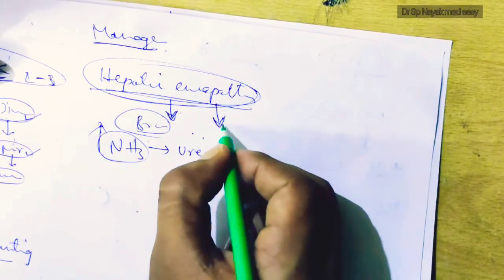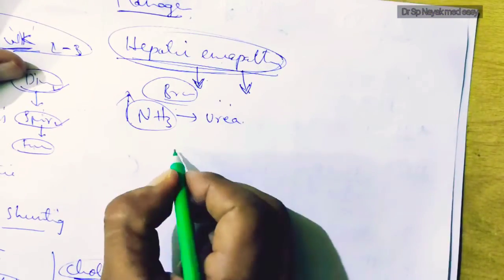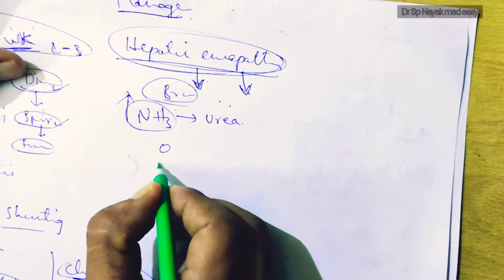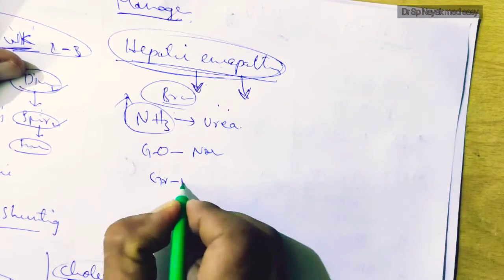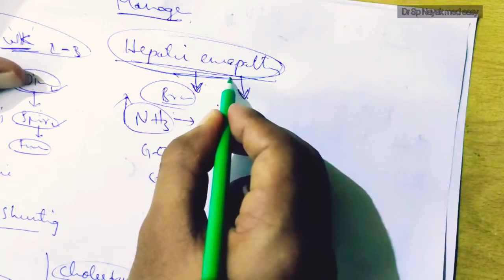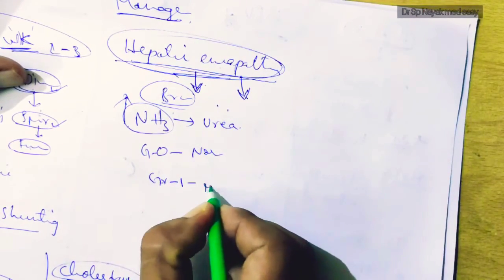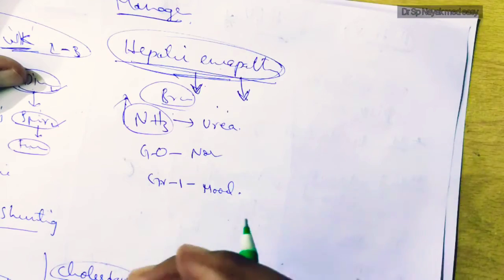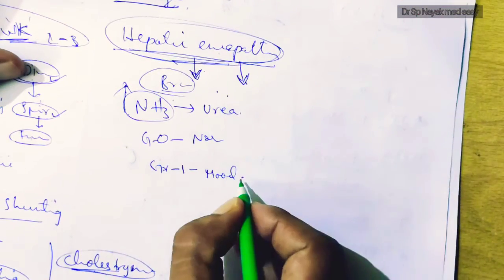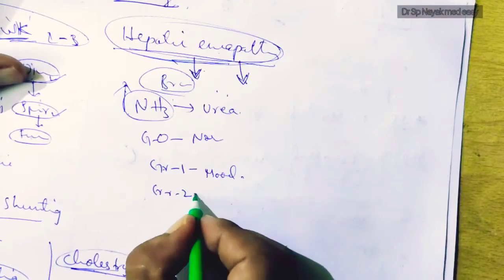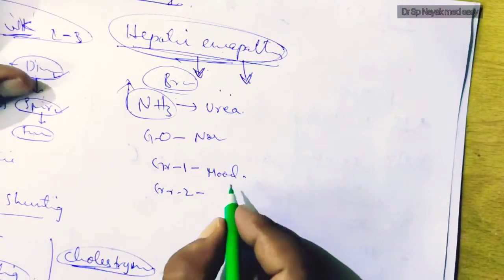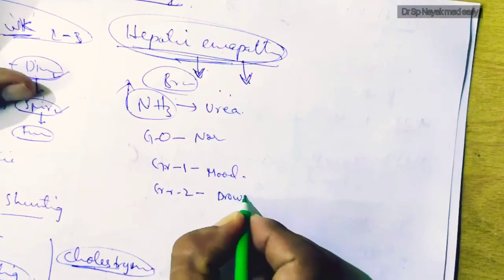Okay, and in hepatic encephalopathy, listen guys, we have 4 different grades: grade 0, grade 1. Grade 0 is nothing but normal. Grade 1 hepatic encephalopathy is associated with mood disorder, or sometimes the patient will have anxiety, depression. Grade 2 is associated with drowsiness.